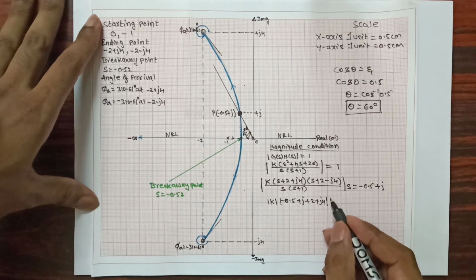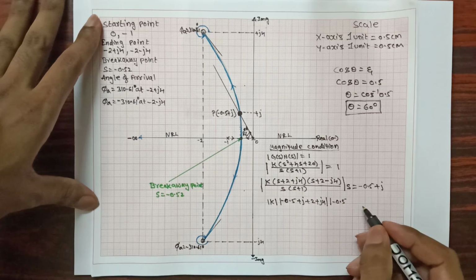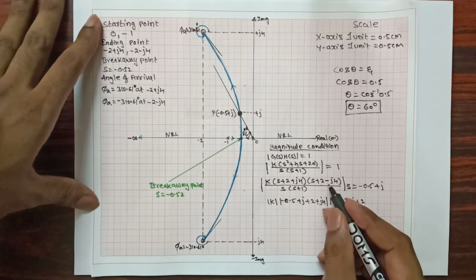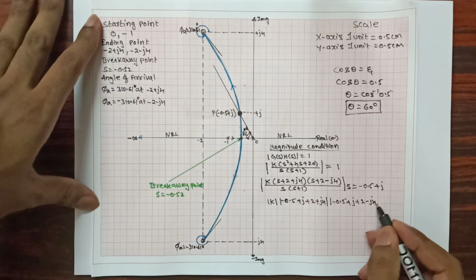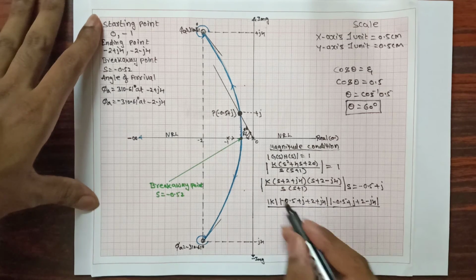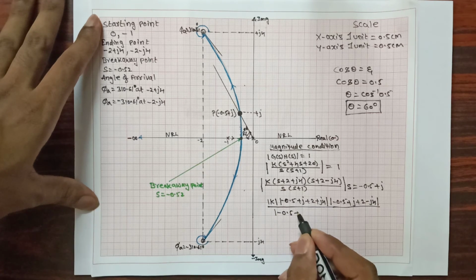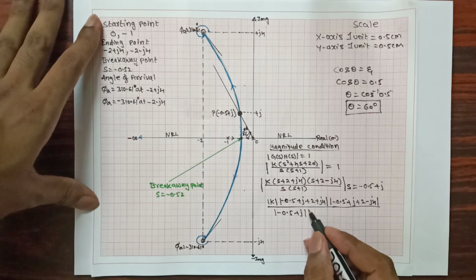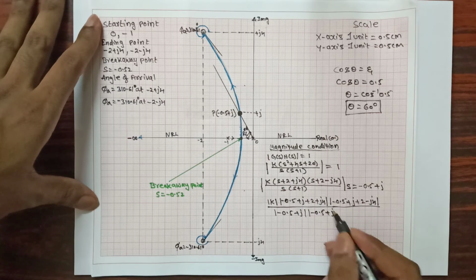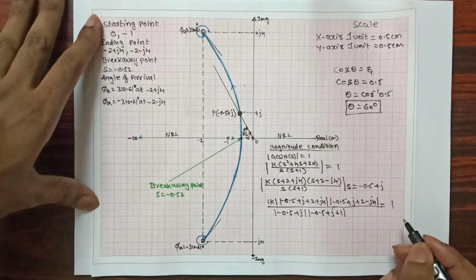Next, the second value, magnitude of (-0.5 + j + 2 - j4), whole divided by magnitude of s, which is -0.5 + j, then this s value (-0.5 + j) plus 1, is equal to 1.